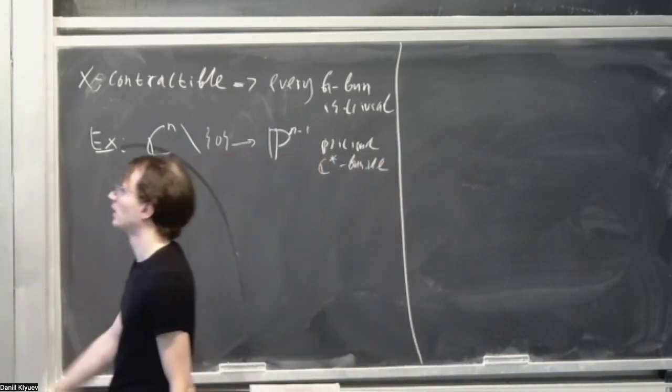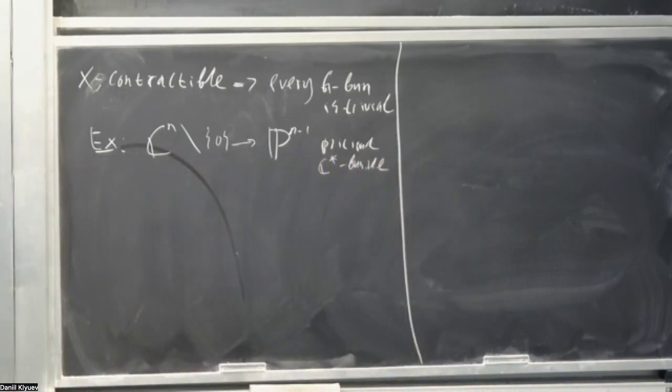And it gives a line bundle in a natural way, called the tautological line bundle. Any questions?